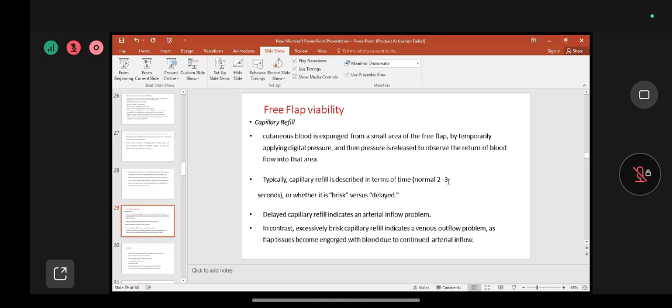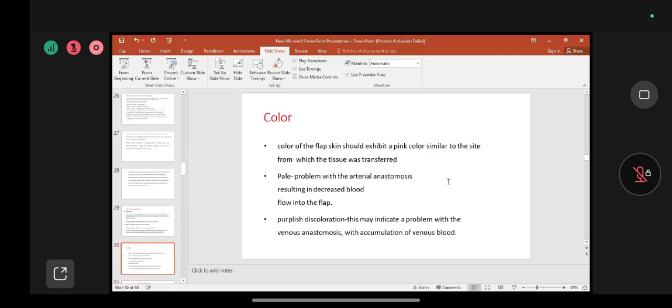Typically, capillary refill is described in terms of time, and normal is 2 to 3 seconds. Delayed capillary refill indicates an arterial inflow problem. In contrast, excessively brisk capillary refill indicates a venous outflow problem, as flap tissue becomes engorged with blood due to the continued arterial inflow.